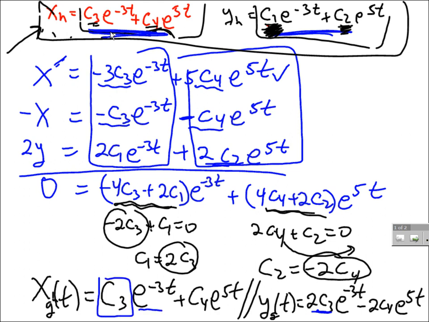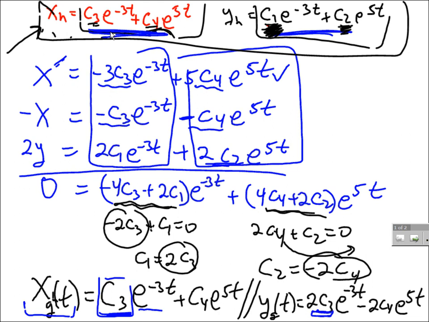What you multiply e to the negative 3t by for the x equation can be any number you want, but it can't be any number for y. It has to be 2 times what you put in front of e to the negative 3t. If you had 6 e to the negative 3t, well, over here, you better have 2 times that, e to the negative 3t.